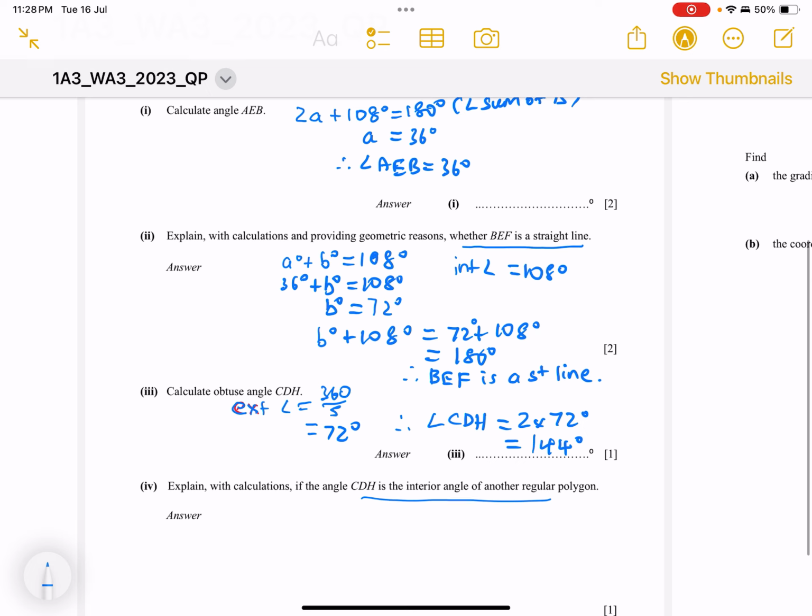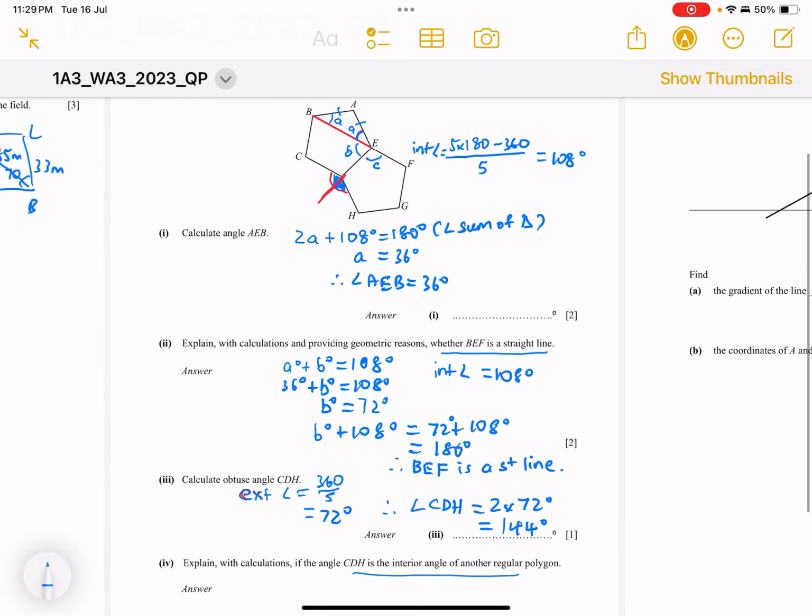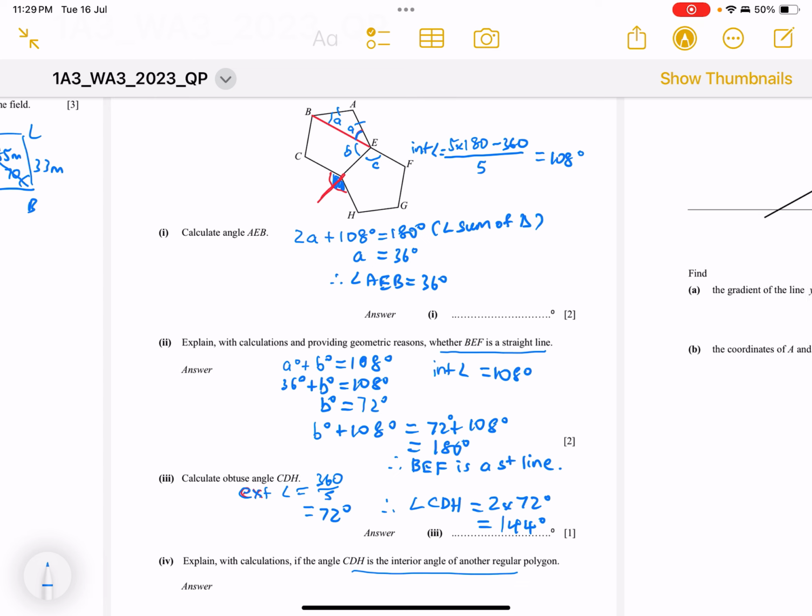Now, in the last part, we have to explain if the angle CDH is the interior angle of another regular polygon. So what we need to do first is look at the exterior angle of this polygon. What we are looking at is this polygon.